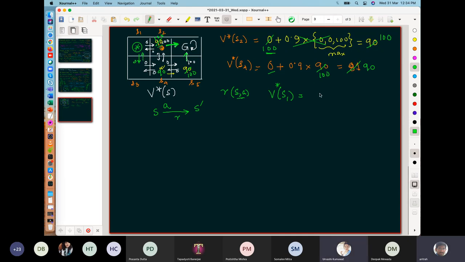So the immediate reward is 0 plus 0.9 is your discount times 100, the reward of this state, so it is 90. Now what will be V star S3? That will be 81. Why? Because the immediate reward for any side move is 0, the discount factor is 0.9, and then you move to a state which has 90.